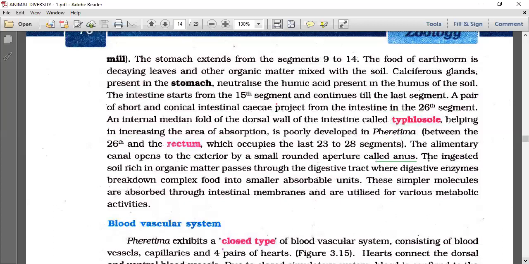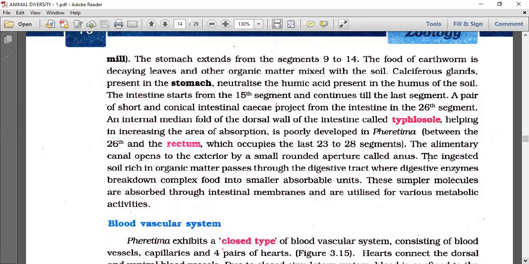The ingested soil rich in organic matter passes through the digestive tract, where digestive enzymes break down complex food material into small absorbable units. We call it digestion. These simpler molecules are absorbed through the intestinal membrane through the dorsal fold, the tiflosolar region, and are then utilized for various metabolic activities.